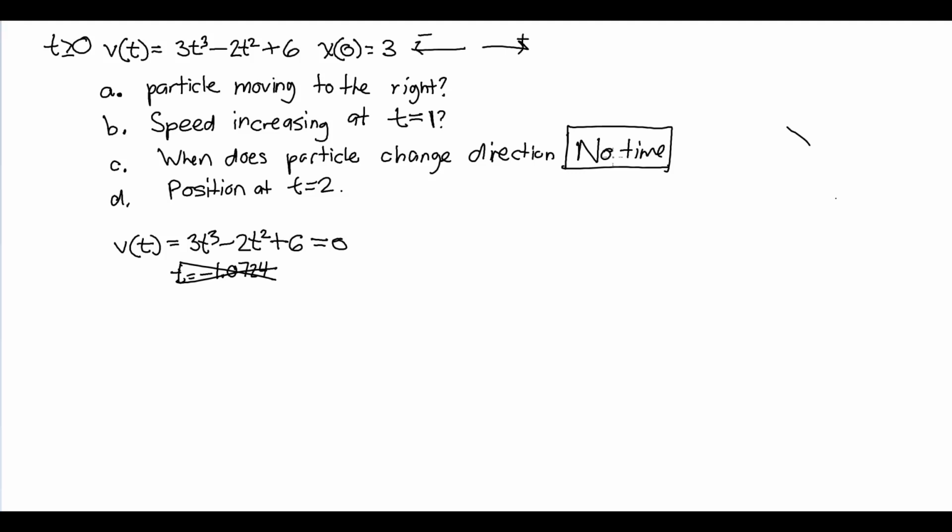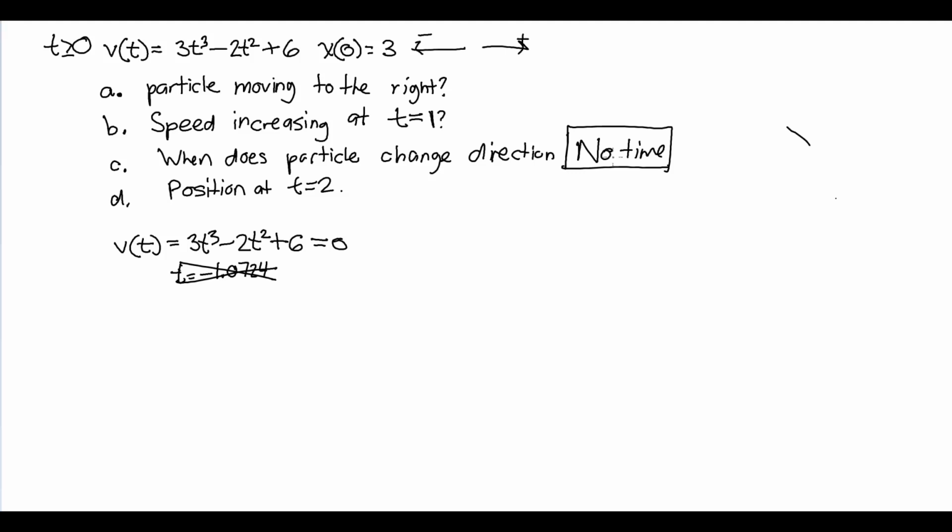So we can just test out t equals 0. Since there are no positive zeros of our function v of t, it must be on one side of the axis, either the top or the bottom. So it must be all positive or all negative for t greater than or equal to 0.